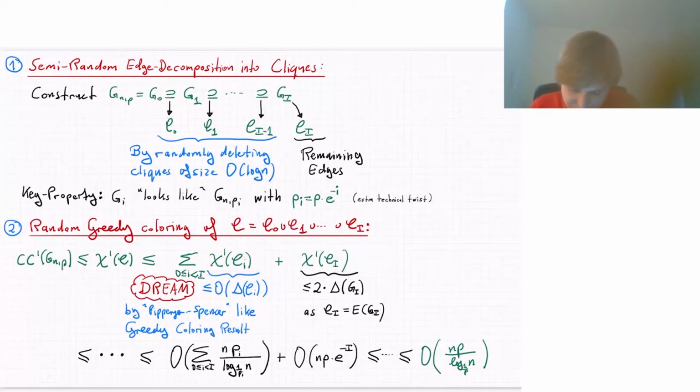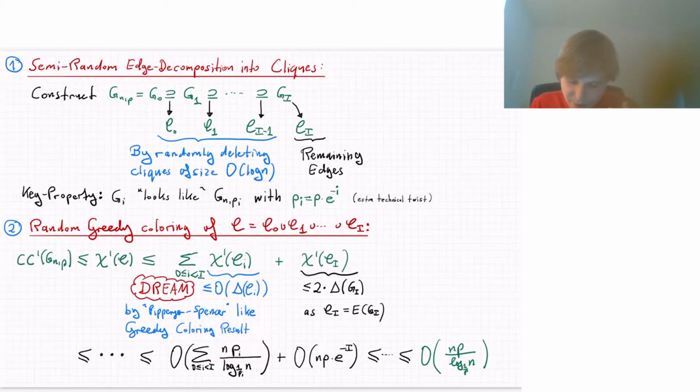So if you do this and you do the calculations, then you'll see that you can bound this first term here by some sum. Okay, so the main point here is that what you have here is something like n times p divided by something like log n to the base 1 over p.